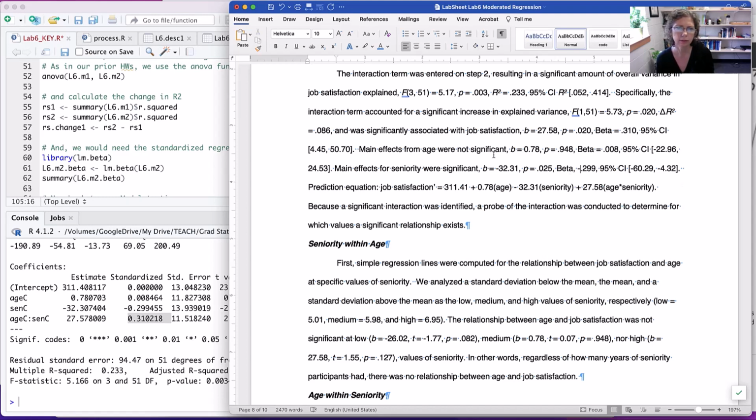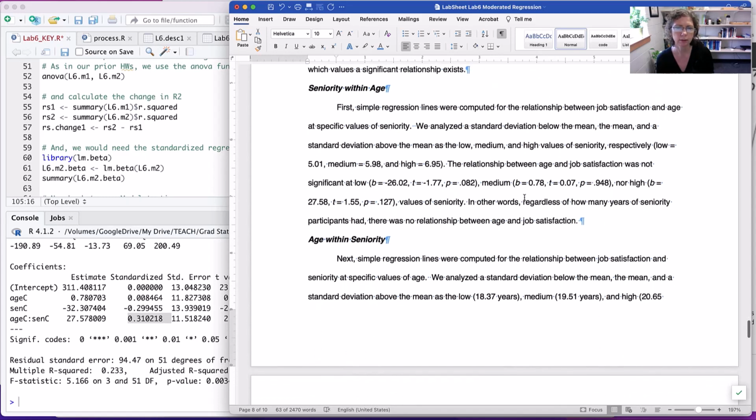Okay, 95, the main effects were not significant. So for that final model, you're also reporting your beta in your line. But then in your probing of the interactions, you want to report just your unstandardized, your t-test, and your significance.